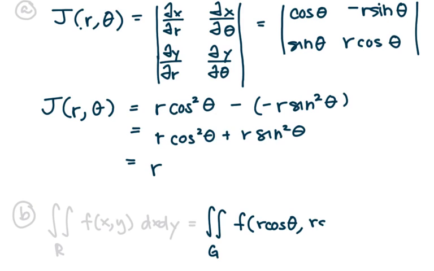The y value becomes r sine theta. We multiply by the absolute value of the Jacobian, r, which is positive. And then we have our integrating factors, dr d theta. So this would be how we would rewrite it. Okay, now we weren't given an original function or original bounds that needed to be changed, but this is how we would apply that Jacobian in order to transform it.